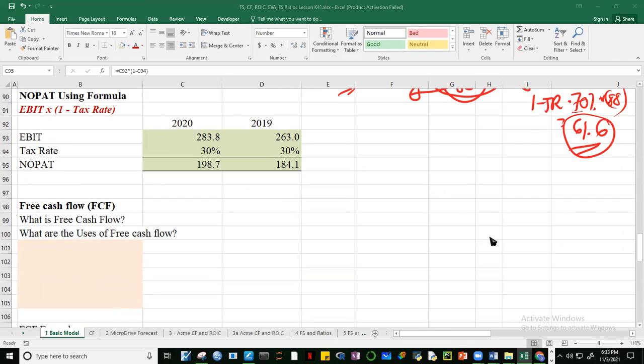Okay, free cash flow. Let's define first free cash flow. Let me just write that.